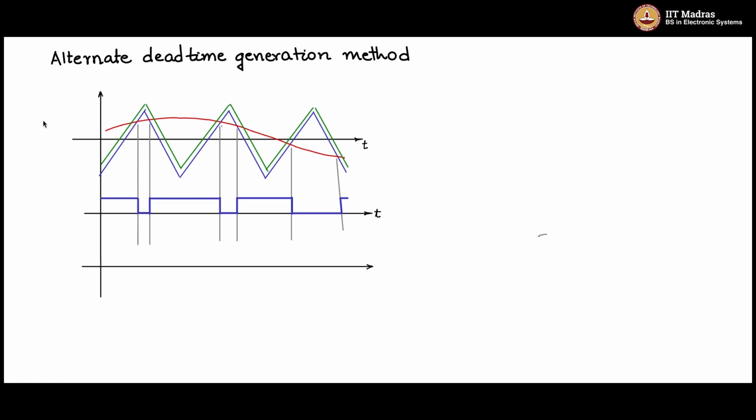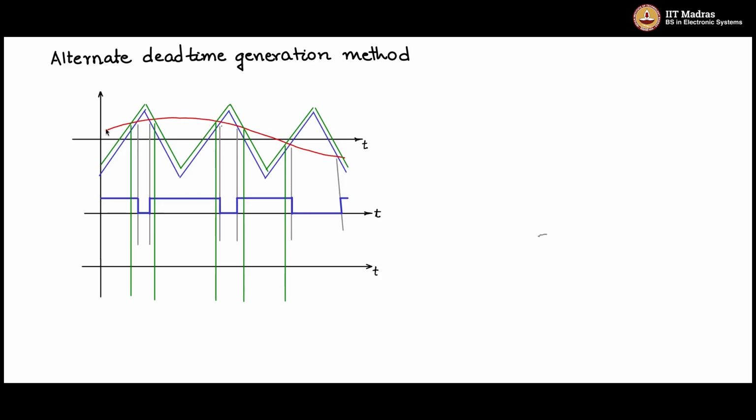So let us do that comparison, and let me project the points of intersection of the modulating signal with the new triangle or the green triangle. So these green lines are the lines of projections onto the time axis. So like this you have the projections onto the time axis.